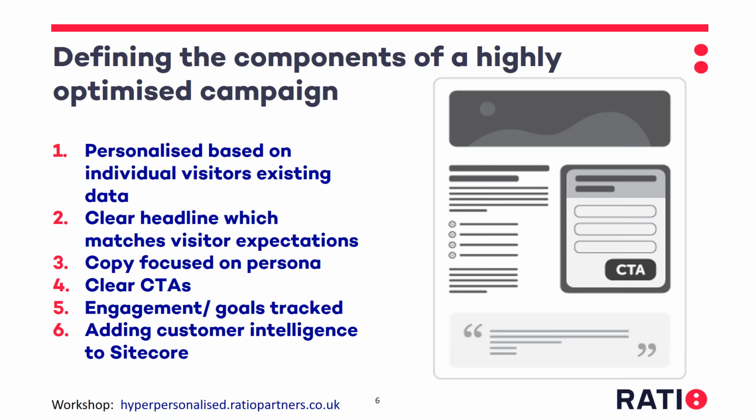We're running a PPC campaign for an insurance company, for example, where we have 15, 20 different ads. Each ad has different search terms. An individual types a search term into Google and clicks on a relevant ad, and their expectation is founded in their initial search term and also the ad they clicked on.